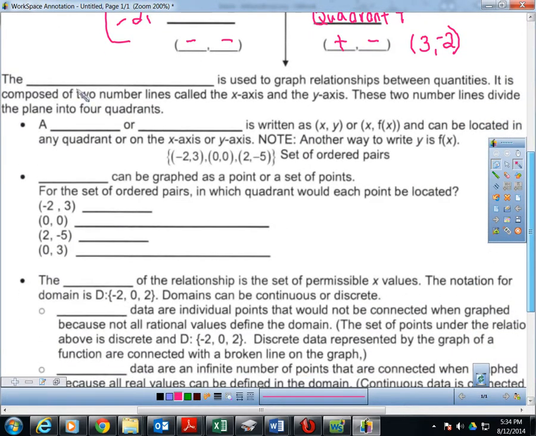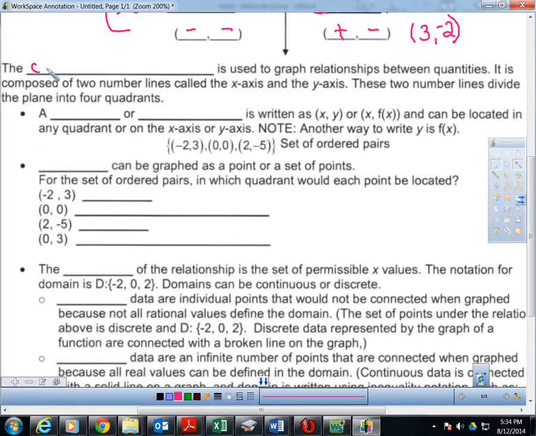This first blank is going to be Cartesian coordinate system, or plane. I'm going to put Cartesian plane. So the Cartesian plane is used to graph relationships between quantities. That is something that's very important for you to understand.